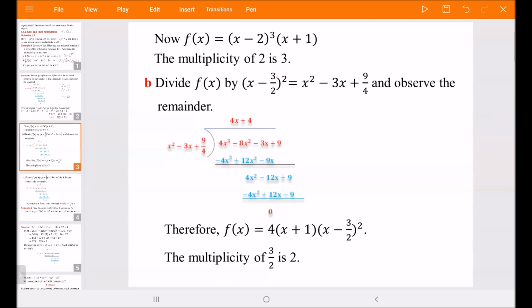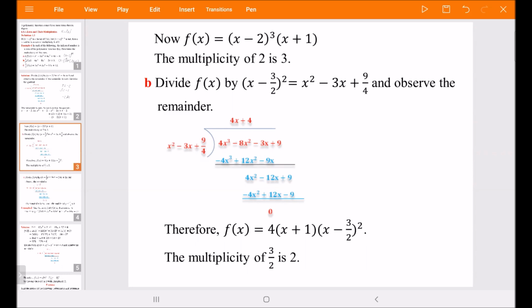Now we divide f of x by x squared minus 3x plus 9 over 4 and observe the remainder. If the remainder is 0, we factorize the quotient if the quotient is not a linear or degree 1 polynomial.